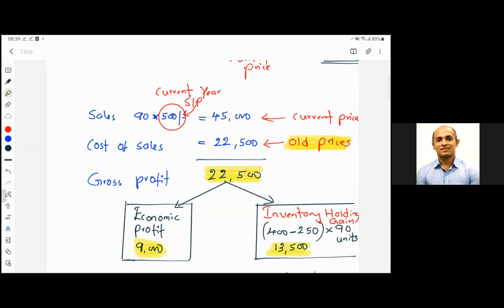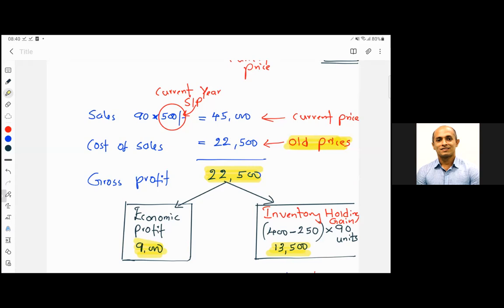Your profit will become suitable for the analysis if it includes only economic profit. So economic profit is through operating results, real operating results. But under FIFO costing, profit includes inventory holding gain.